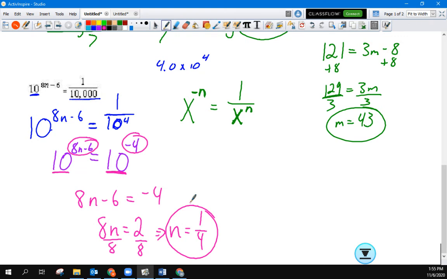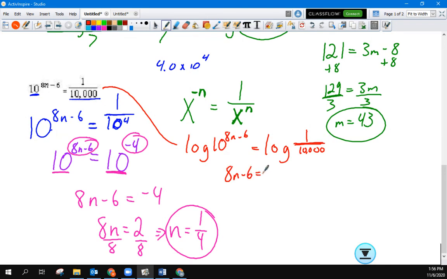Okay, and I don't have to worry about this one being a solution or not because we're not dealing with logarithms, we're dealing with the exponential. Now, on this problem, if you wanted to, you could have taken the log of both sides. Like if you had taken log base 10 of 10 to the 8n minus 6 equals the log of 1 over 10,000. But even if you had done that, you would have gotten 8n minus 6 equals this.